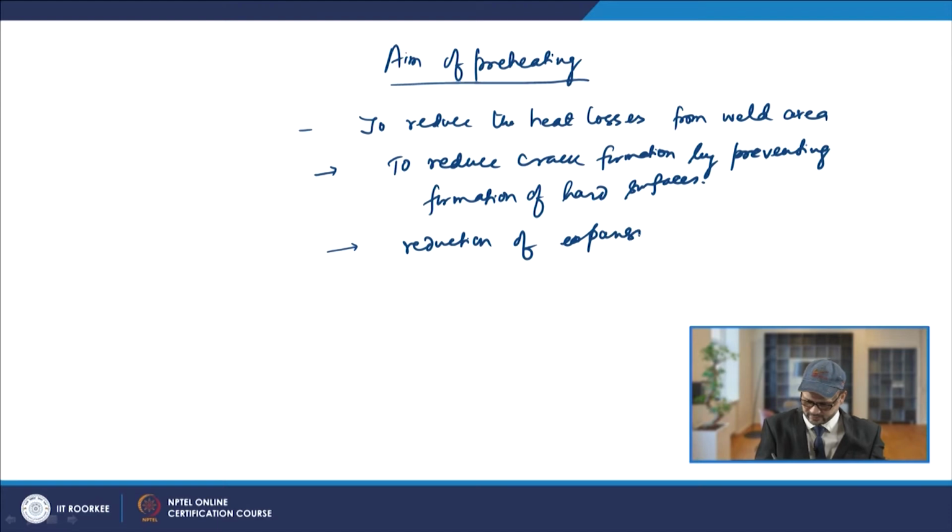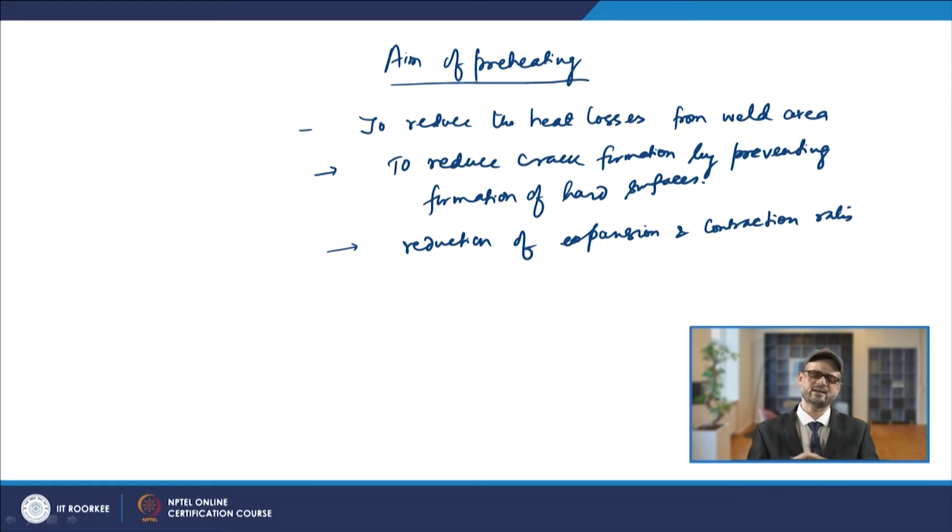So you have a reduction of expansion and contraction rates, which reduces the chances of distortion and residual stresses inside the material.